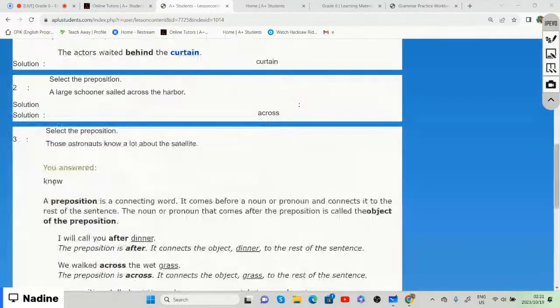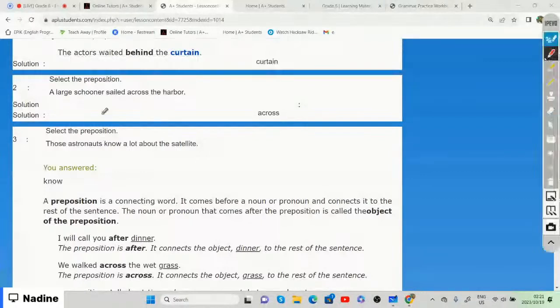Those astronauts know a lot about the satellite. If we were to identify the preposition, our preposition is about and our object of preposition is satellite.